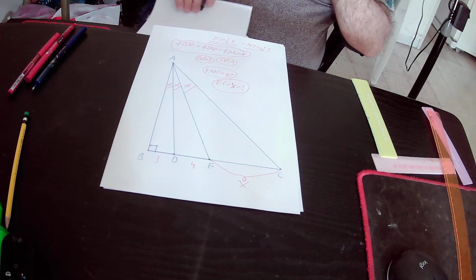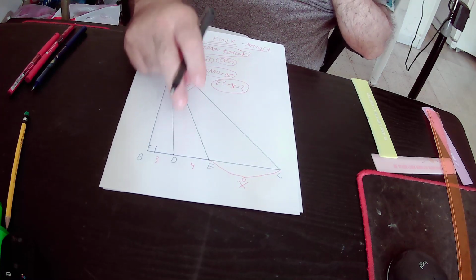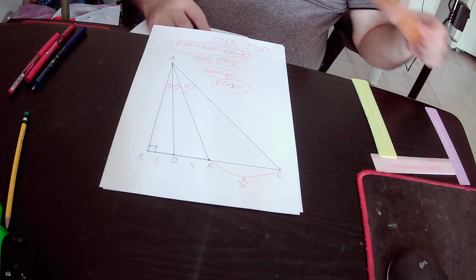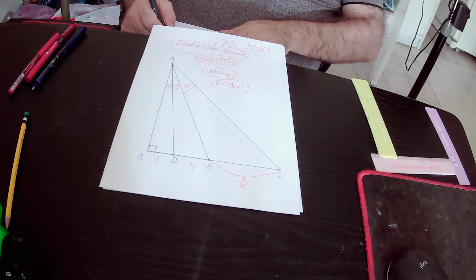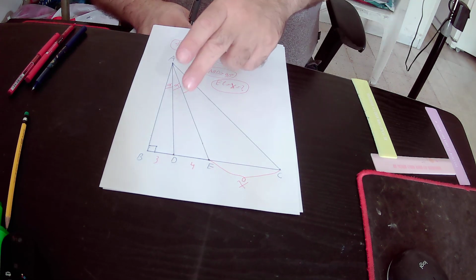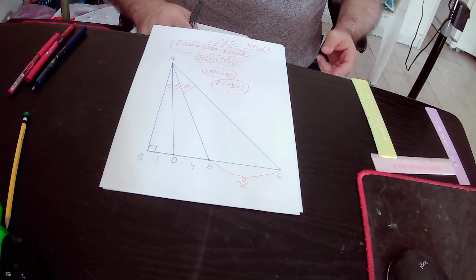So we will continue to focus on the right triangle, triangle ABE. We know that in the right triangle, triangle ABE, according to Pythagoras theorem, the square of the hypotenuse equals to the sum of the squares of the perpendiculars.